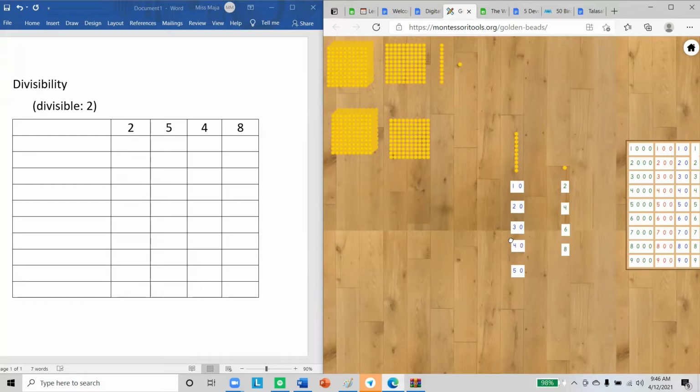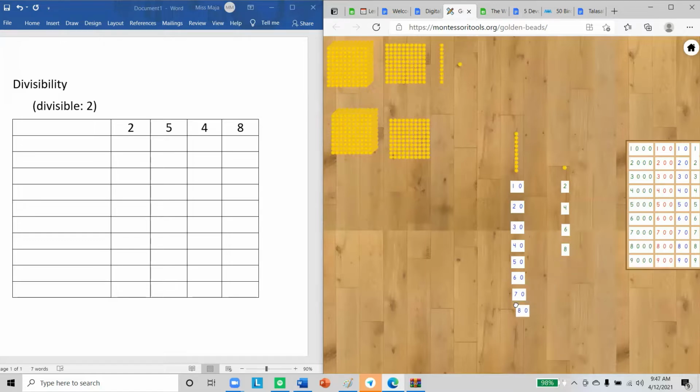Let's try again. Other numbers, do you think there's any that's not divisible by 2? I don't think there are any other numbers that are not divisible. What is 70? That's 35 plus 35 equals 70. 30 plus 30 is 60, and add the 5 to both, and that's 70. How about 80?